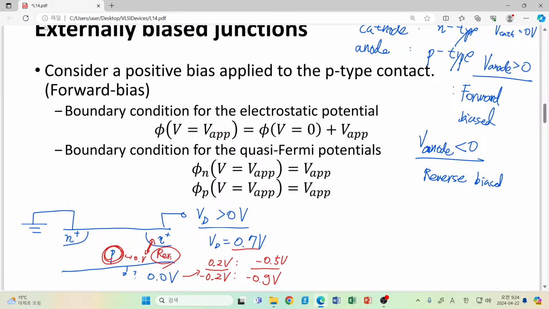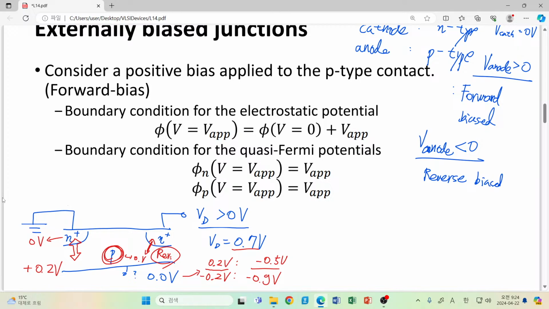What is the problem? Here we have the drain to substrate junction. However, at the same time we also have another junction between our source and substrate.